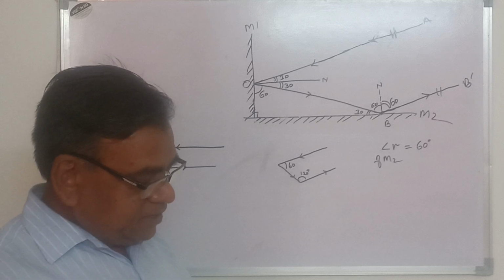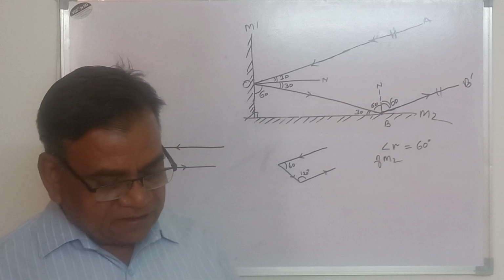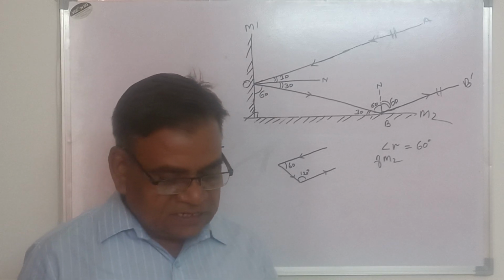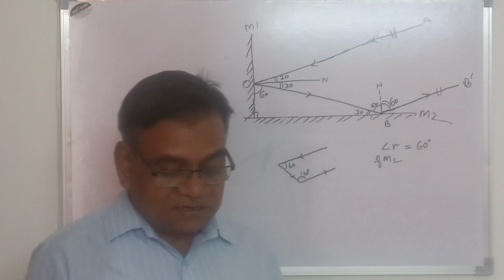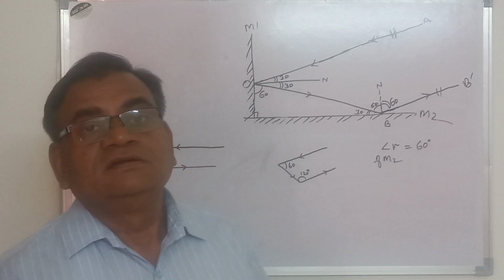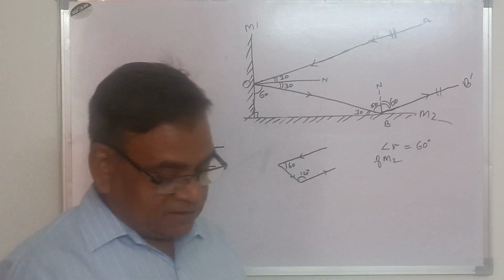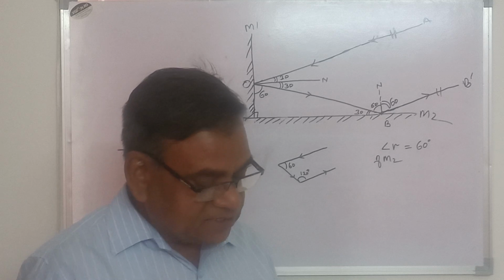The angle between an incident ray and the plane mirror is 30. See what it is saying: the angle of the incident ray not with the normal, but with the plane mirror is 30. So how much will it be from the normal? 60 degree. The total angle between the incident ray and reflected ray.